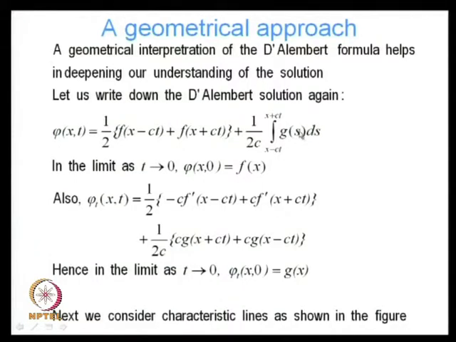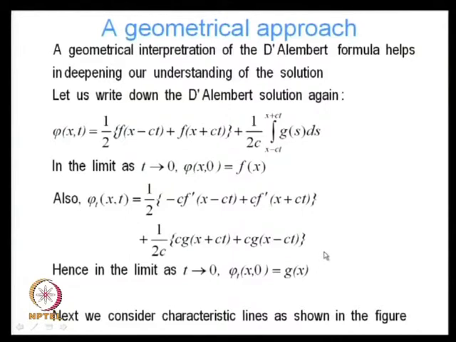And for the integral term, if I take the time derivative, I have to evaluate the derivative of the limits of the integration times the function value, because the integration limits depend on time. If I do that, I get something like g of x plus c t by 2, and since t goes to 0, this is g of x, right.